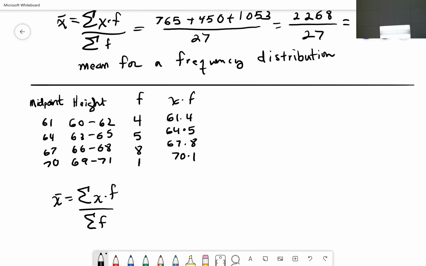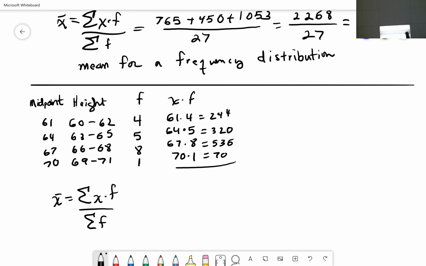61 times 4 is 244. 64 times 5 is 320. 67 times 8, that's 536. 70 times 1 is 70.